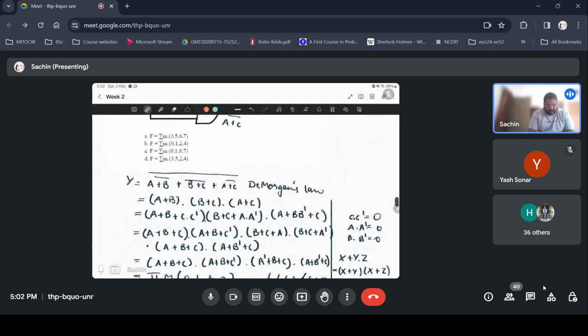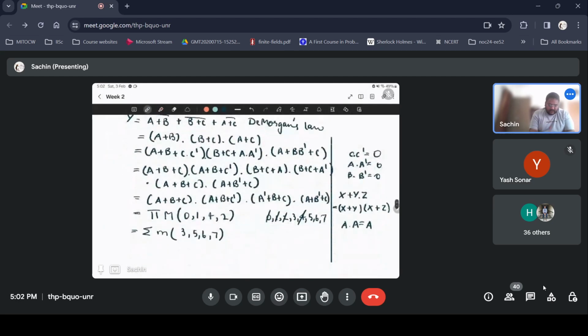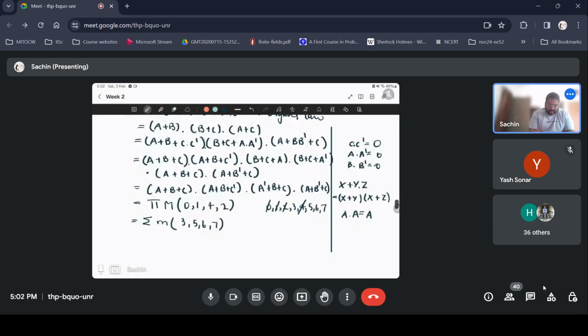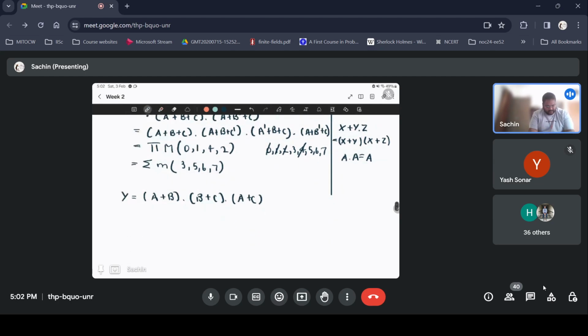So this is one way of doing it. The second way of doing it is you have y is equal to a plus b and b plus c and a plus c. You multiply this out using distributive law and actually write it down.